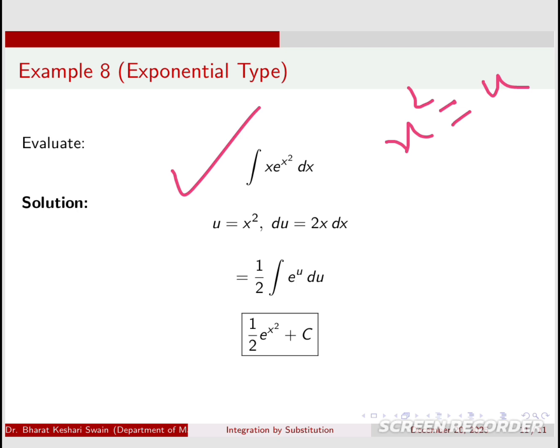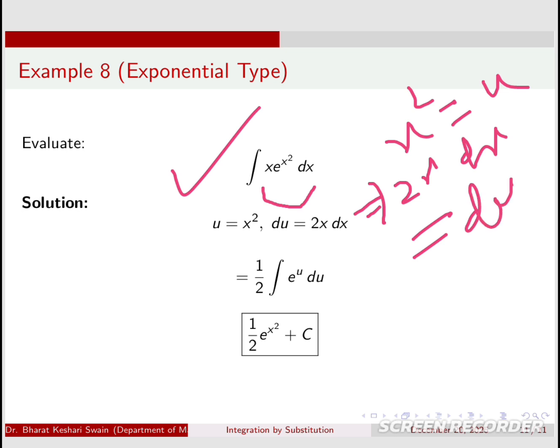If I substitute x square equal to u, the remaining part of the integrand, x dx, will be there, because if I differentiate it, it will be 2x dx equal to du.